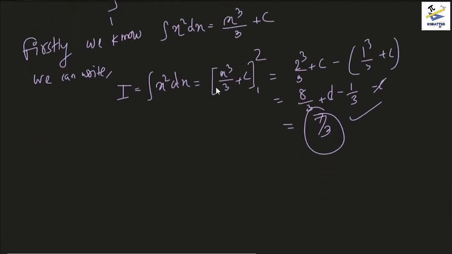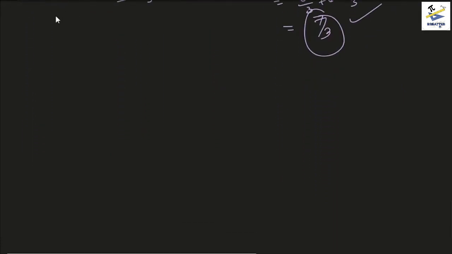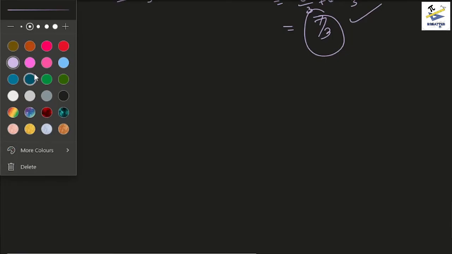So what does it exactly mean? Suppose this is our axis and the function is y equals x squared. This is a parabola like this.